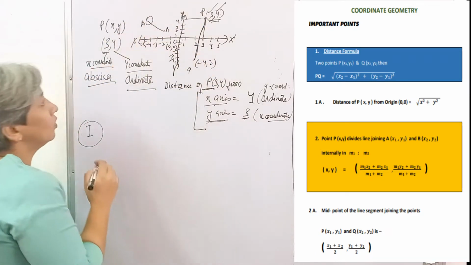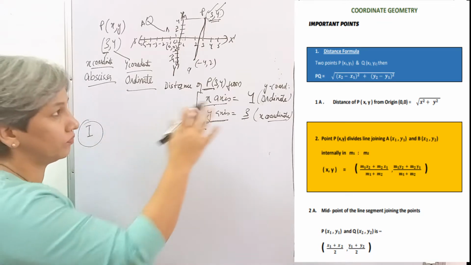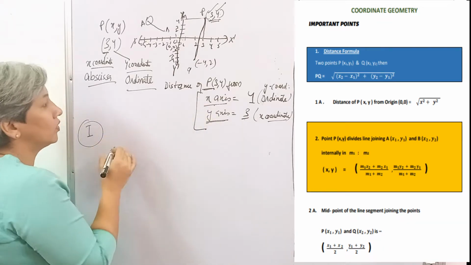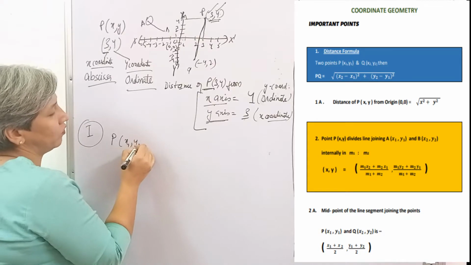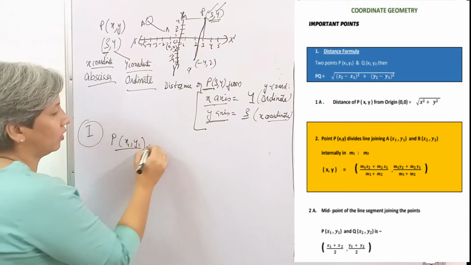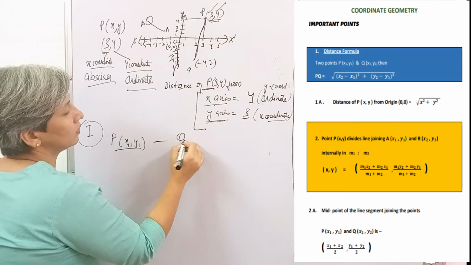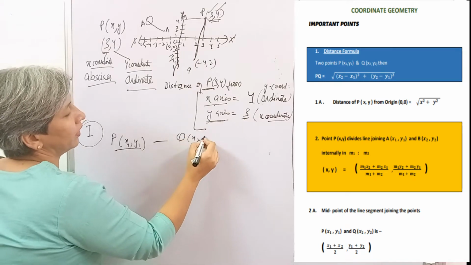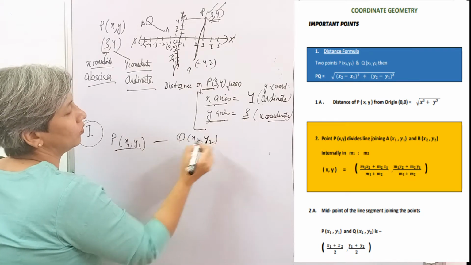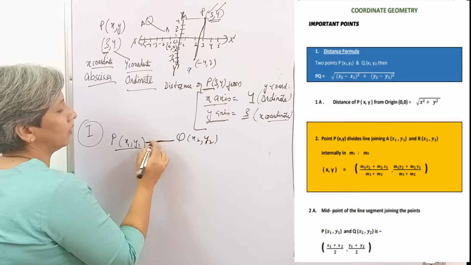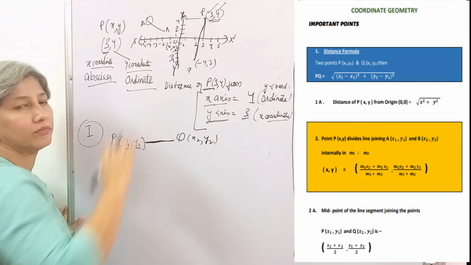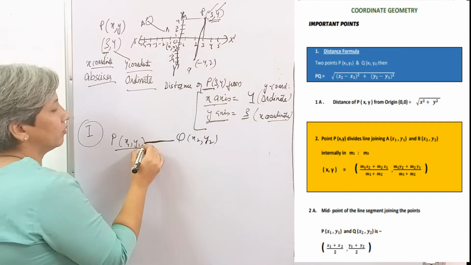you have to use the formula, our distance formula, which says if P is (x1, y1), any one point, and Q is another point (x2, y2), this is a line plotted on my number system.